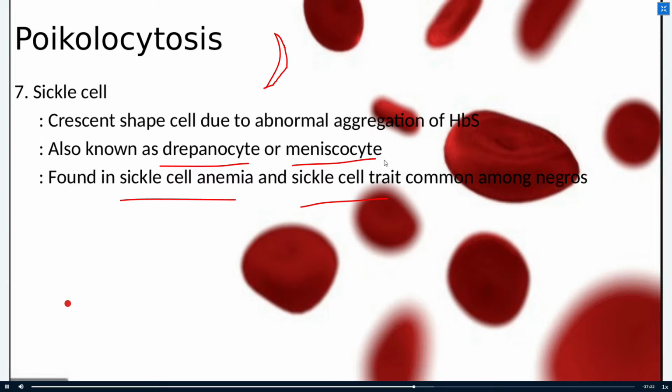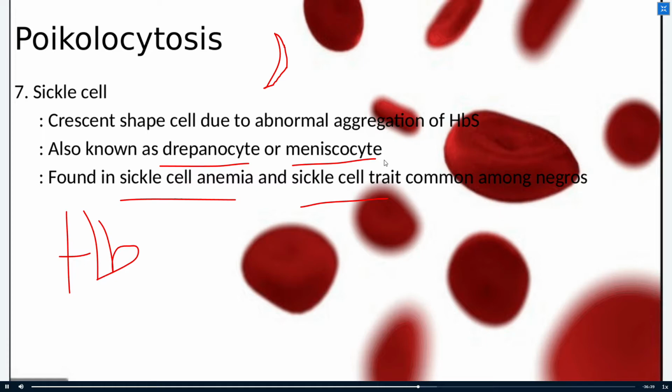Class, how would you write sickle cell trait? HB what?